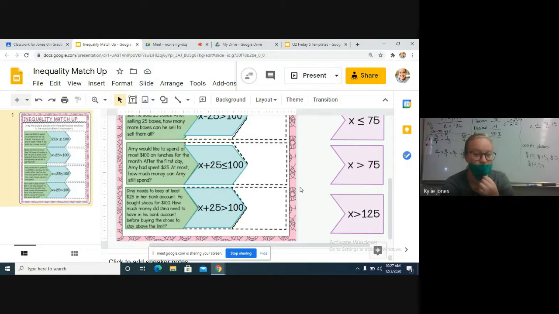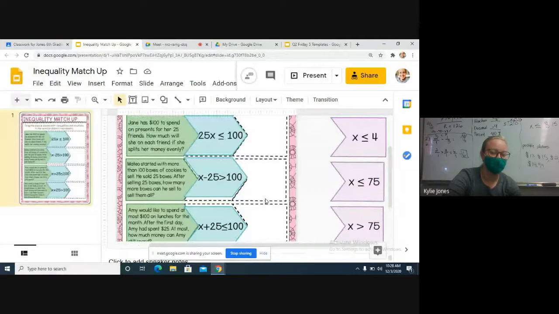Those are expensive shoes. So some amount of money that is spent plus the $25 that she has in her bank account is more than $100, right?